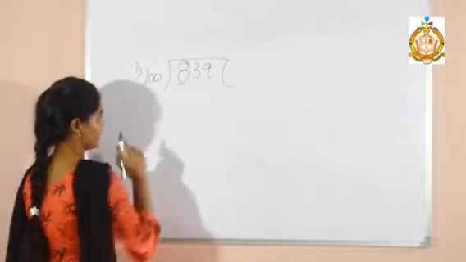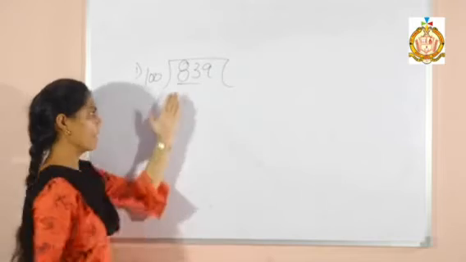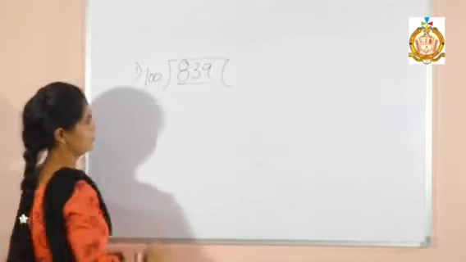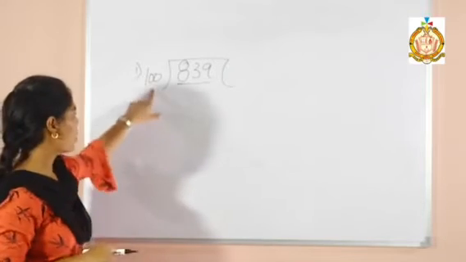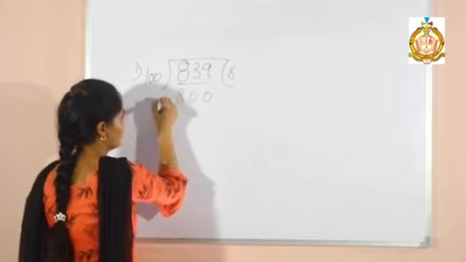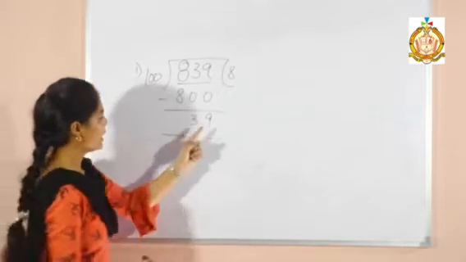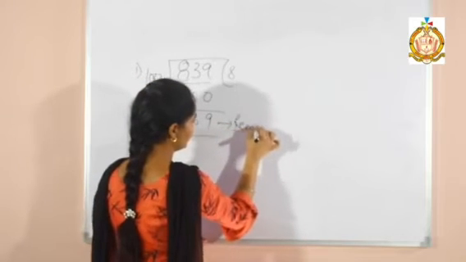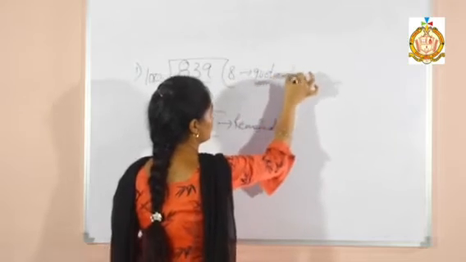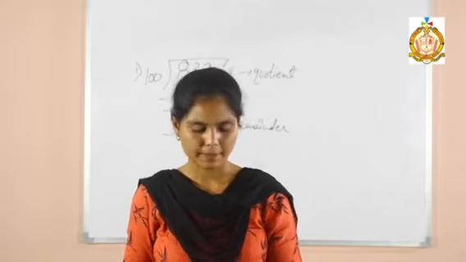Here is 8. 8 is less than 100, so we take two numbers, that is 83. 83 is also less than 100, so we take three numbers, meaning 839. So count down the table of 100. 100 eights are 800. Now subtract it. It becomes 39. So 39 is the remainder, and 8 is your quotient. Now you can solve your exercise 4.5 with this method.